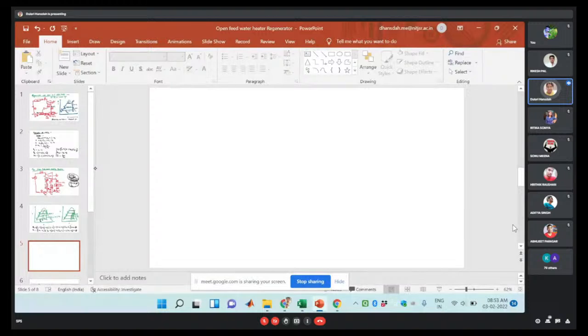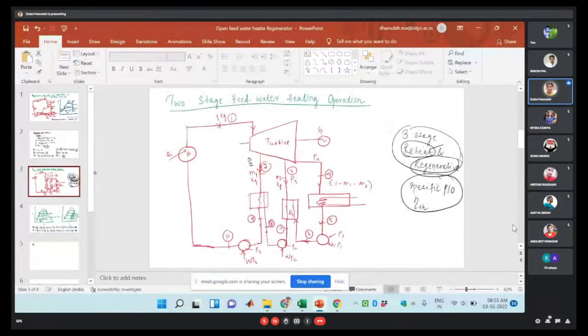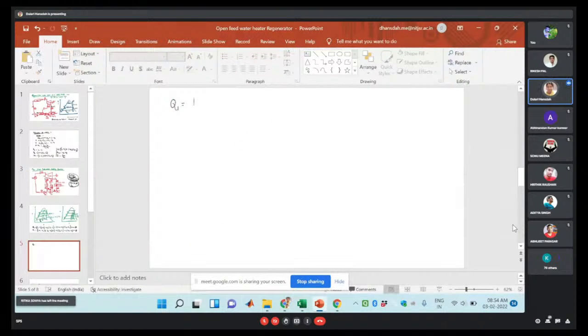Okay, so then the heat addition Q1 is how much? Q1 will be added from this point to this point. Here the fuel consumption will be there. So heat addition will be from H10 to H1, done at the boiler pressure. So Q1 I can write down as H1 minus H10.